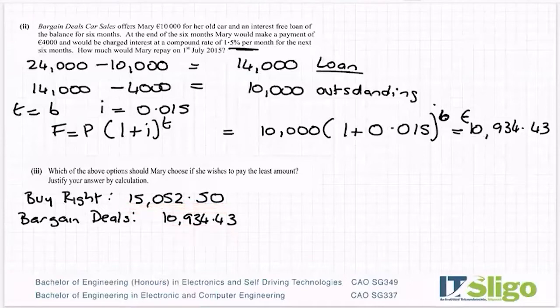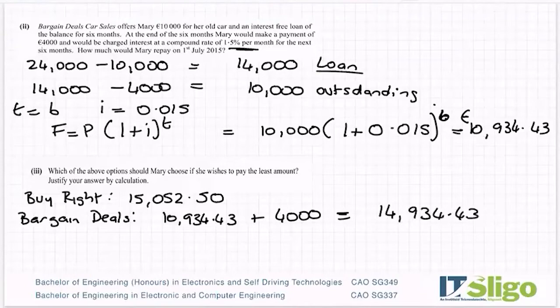So either I've made a mistake or I'm forgetting something, okay? What you have to remember is that in Bargain Deals, yes, that's how much you paid on the 1st of July, but you'd already paid off 4,000. So you'd have to add on that 4,000 that you already paid, so that you'd get 14,934.43.